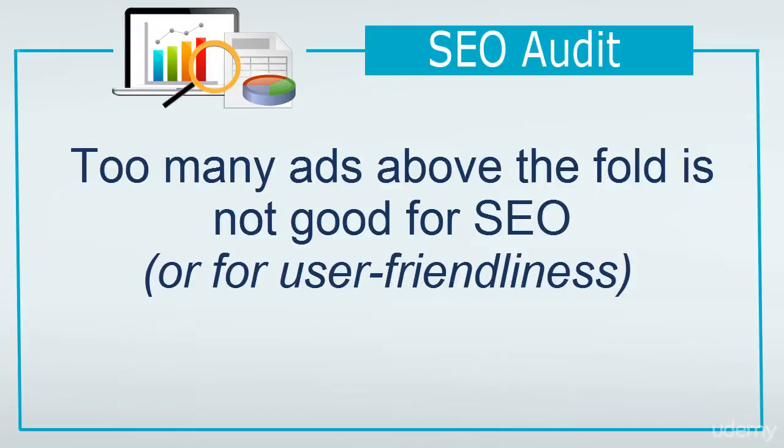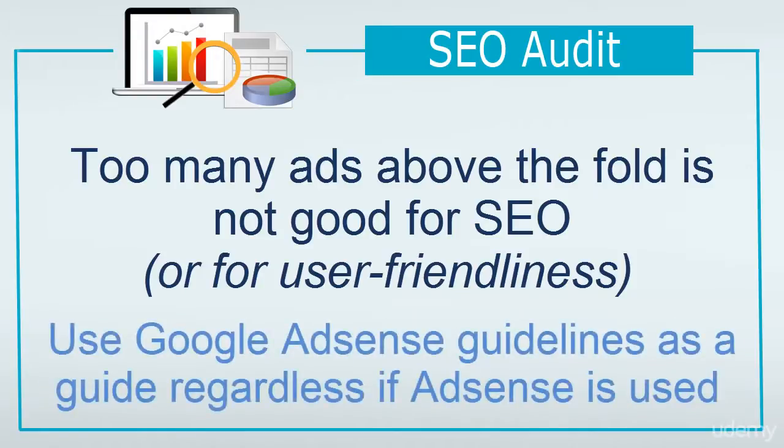If you're not sure what's appropriate, I suggest that you look at the Google AdSense recommendations. Like I said, even if you're not using Google AdSense, looking at what it tells you to do is a good indicator of what Google itself thinks is an appropriate amount of ads above the fold. So it's good to follow Google's guidelines.